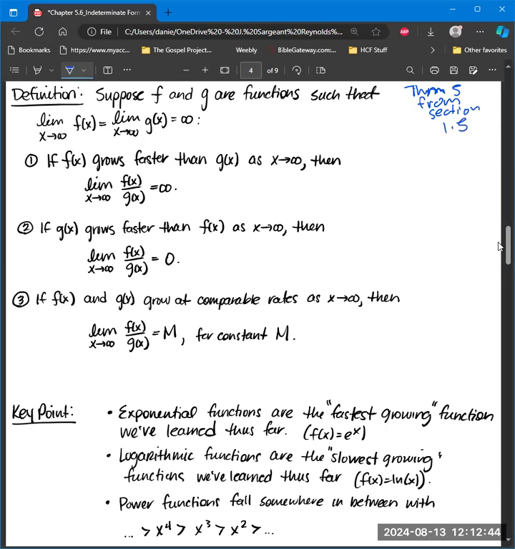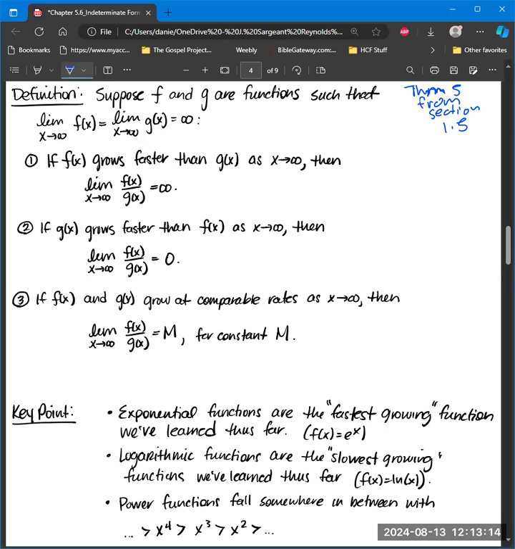And it says that suppose f and g are functions such that the limit as x approaches infinity of f of x is equal to the limit as x approaches infinity of g of x is equal to infinity. And it actually states this a little differently. Let me read what it says here.